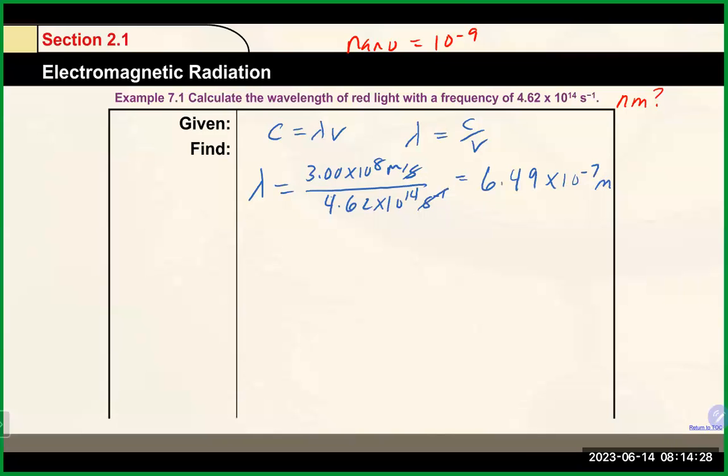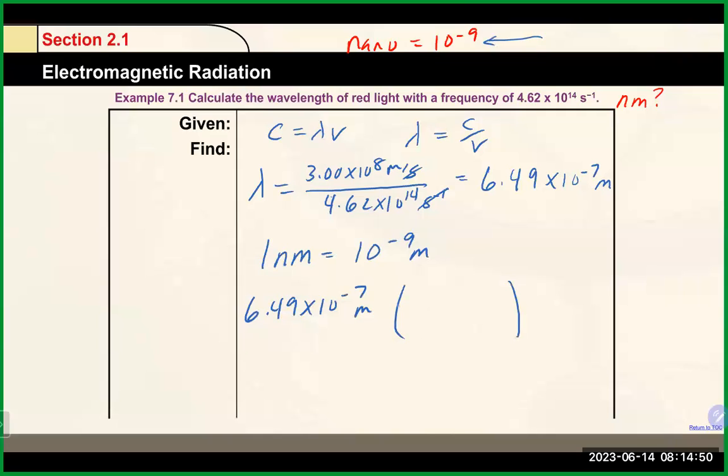Here we do want nanometers. And again, when we see nano like this, that means in 1 nanometer, there is 10 to the minus 9 meters. Again, not the other way around. So we would take 6.49 times 10 to the minus 7 meters.